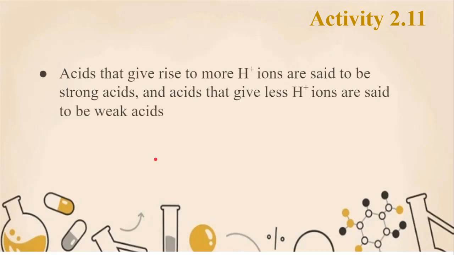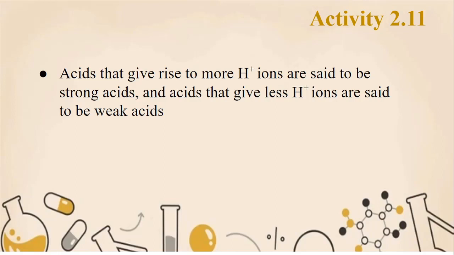Acids that give rise to more H plus ions are said to be strong acids, and acids that give less H plus ions are said to be weak acids. So here you can compare the strong acid and the weak acid with the help of H plus ions.